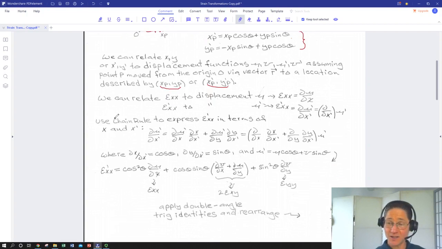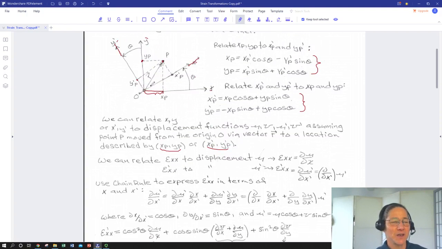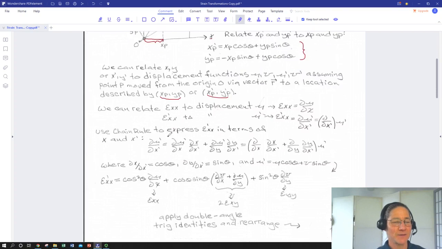So now look at strain. So we're going to look at strain in the xx or strain in the x prime x prime, or strain prime xx. So that's basically, you know, strain in this direction as opposed to that direction. Okay.